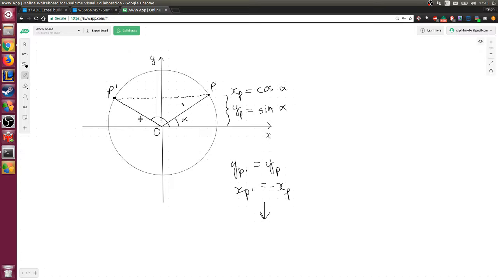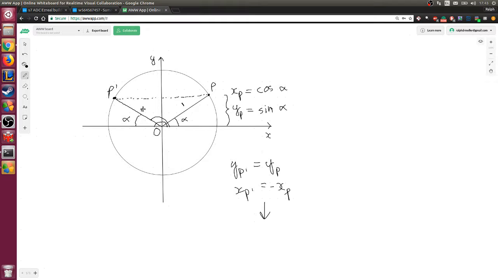Well, notice, first of all, we know that the angle between these two line segments is also alpha, right? And we also know that the angle of half the circle is equal to pi. So you could imagine a point moving along here by an angle of pi and then going back by an angle of alpha.